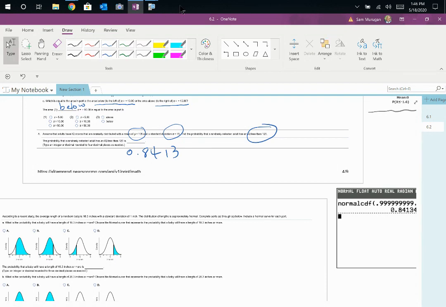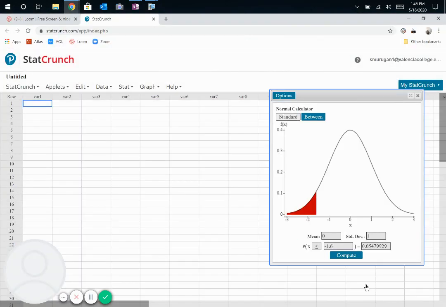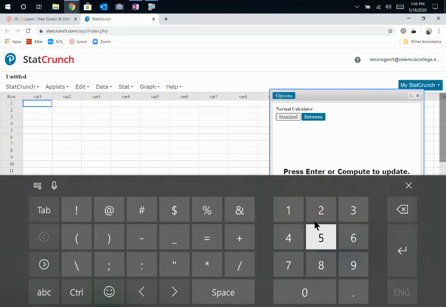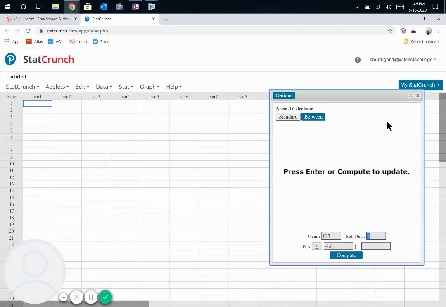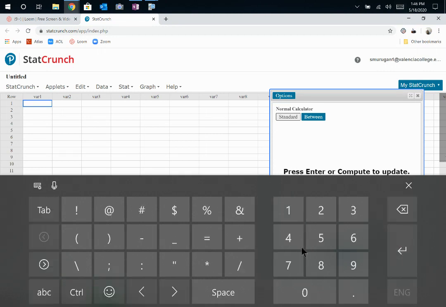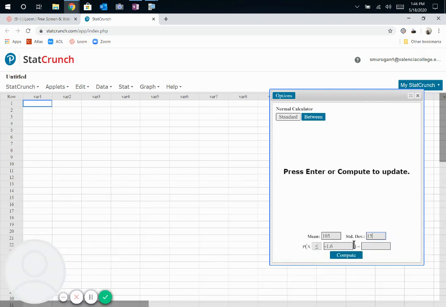Alternatively, you can use StatCrunch and do the same by opening the StatCrunch program, typing in the mean as 105, the standard deviation as 15, and less than 120.